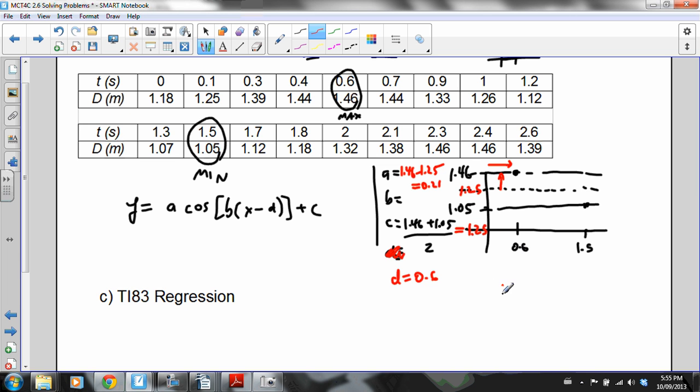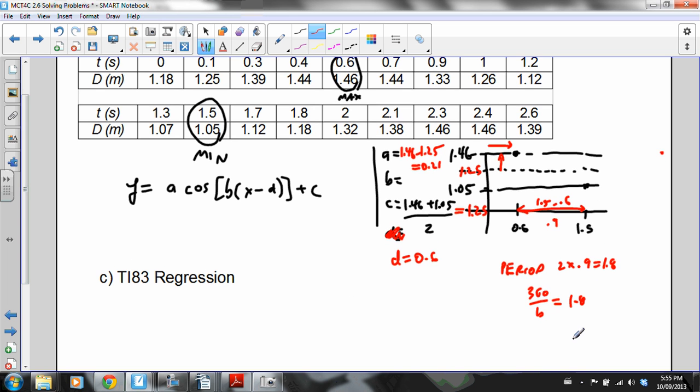What's left? The period. Well, the period was from maximum to minimum. That's only half a period, right? Because now it's going to go back up to its maximum over here somewhere, like that. Well, this distance is 1.5 subtract 0.6, which is about 0.9. The period then will be twice that, 1.8. If I do a little calculations, I can find my B value. And notice our period when we did the measurements was 1.9, so it was pretty close.